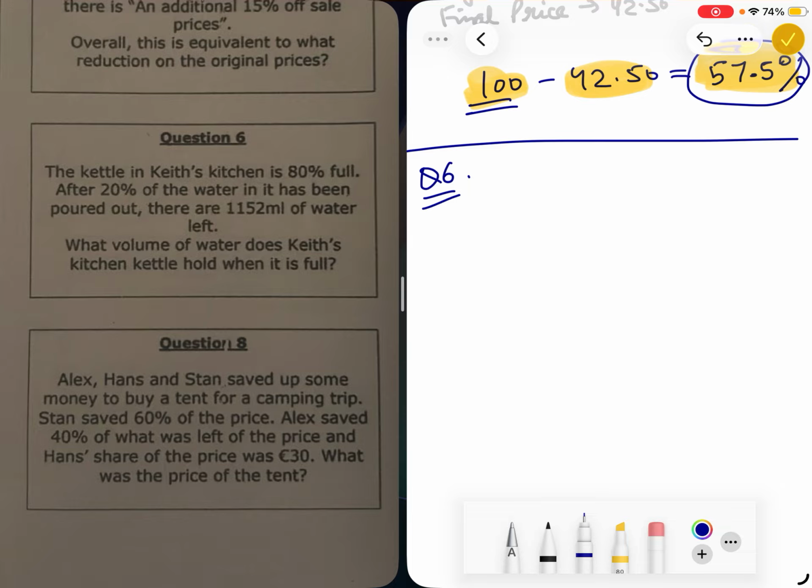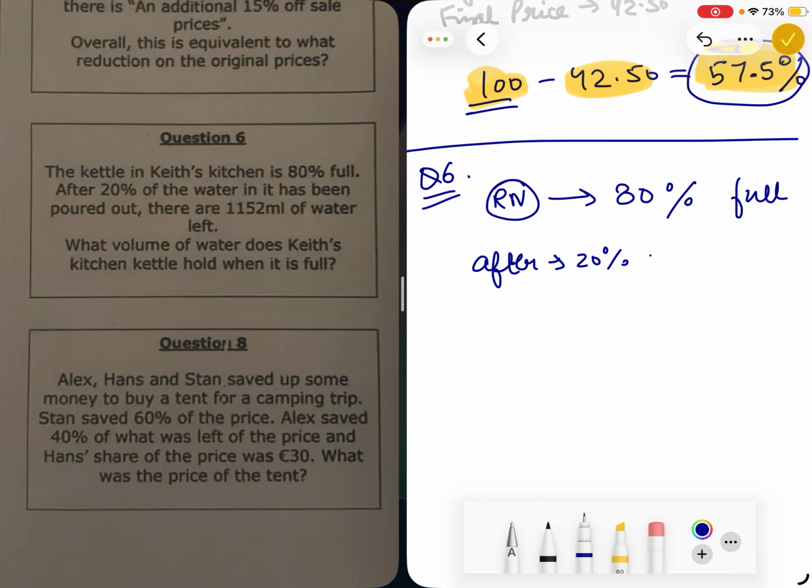After 20% of the water in it has been poured out, there are 1152 ml of water left.